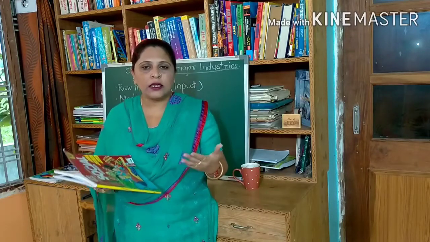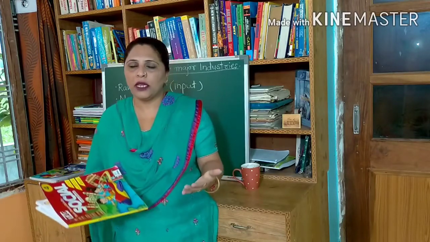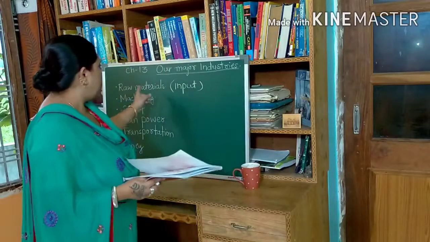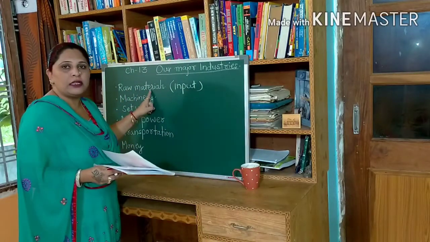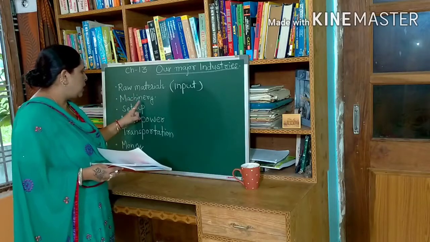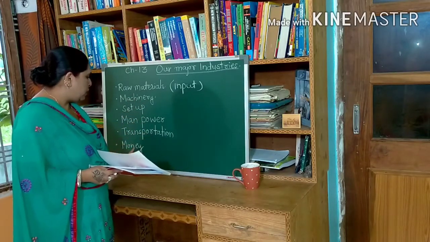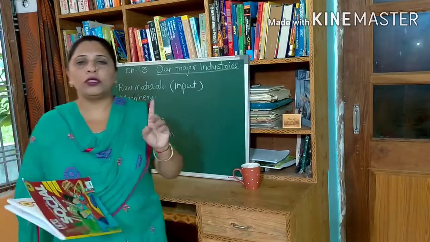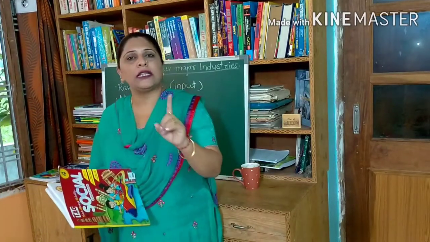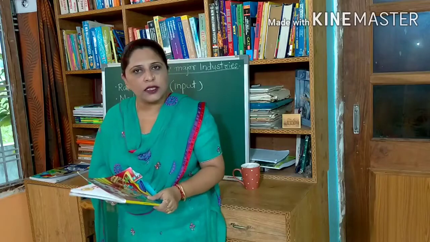How can an industry be made? What are the basic requirements? So, the basic requirements are raw materials, machinery, setup, manpower, transportation and money. If any one of these things is absent, you cannot set up an industry.